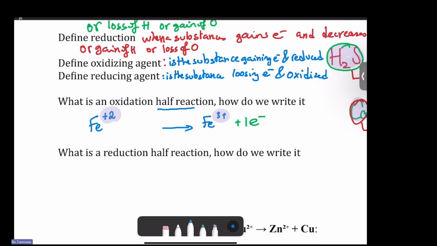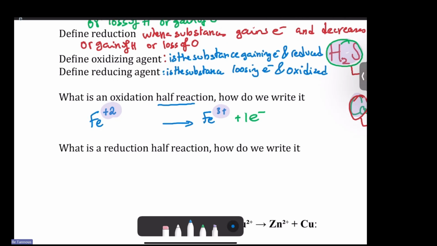Let's say I have Cl. No wait, I need to show you something increasing, like Zn2+. That's increasing. So the oxidation number here is 0, turned to positive 2. So this is the higher side, so you add electrons on here. So in conclusion, for an oxidation half reaction, you always see the electrons written after the arrow.